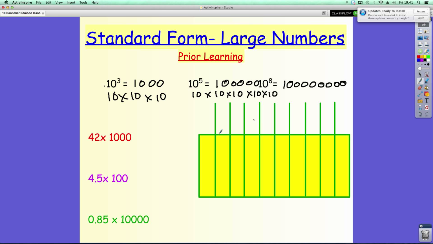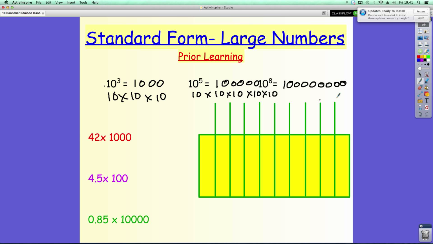The second thing we need to remember is multiplying by the powers of 10. So things like by 1,000, 100, and 10,000. And we know that that has something to do with movement of place values.